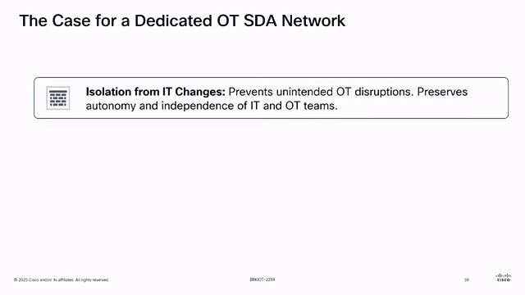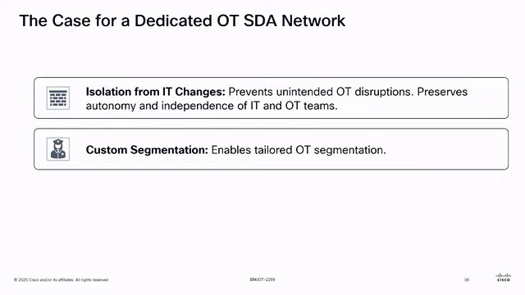That being said, that doesn't mean you cannot install processes on a shared infrastructure to make this risk lower. But it's just about assuming the risk. If you want to have the shared infrastructure, you have to be aware that there is a risk of changes in one thing causing problems in the OT network. So the second one is that a separated OT infrastructure allows you to create customized policy.